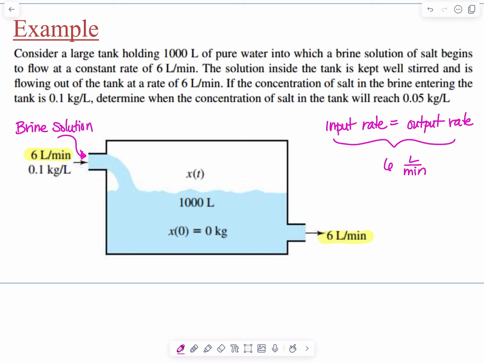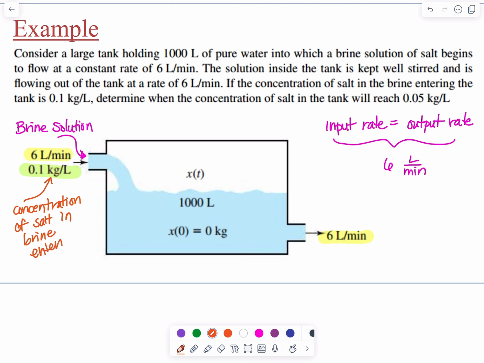So if the concentration of salt in the brine entering the tank is 0.1 kilograms per liter, this is the concentration of salt in the brine entering the tank.